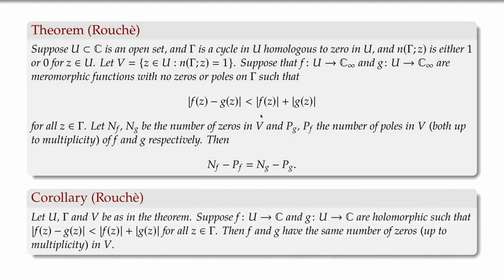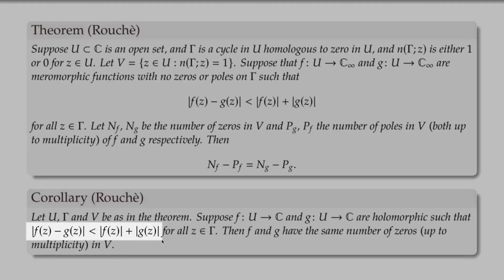Now let's look at a simpler version for just holomorphic functions. Suppose that U, gamma, and V are as in this theorem, and suppose that f and g are actually holomorphic now on U. And again, we get the same inequality.